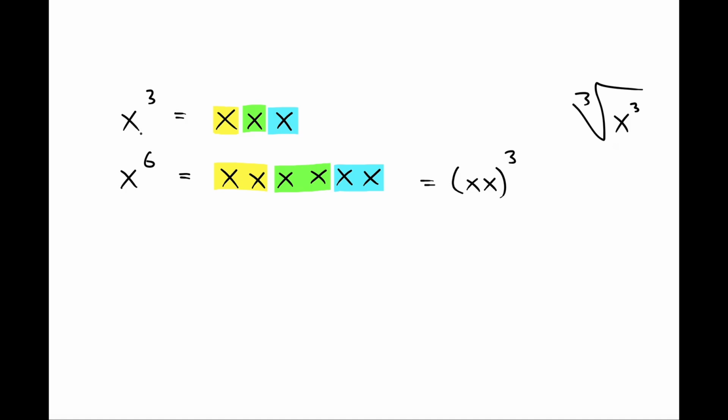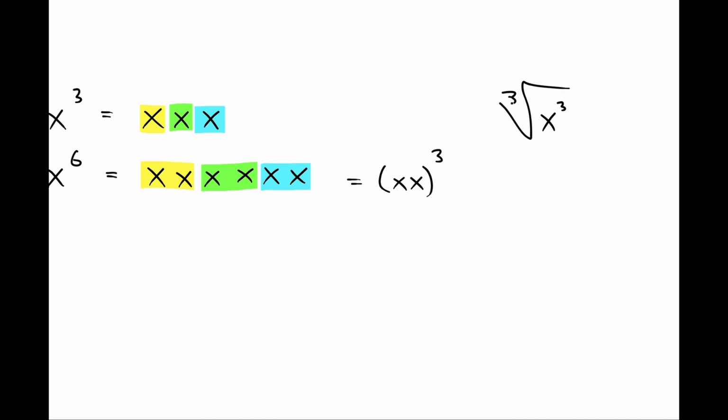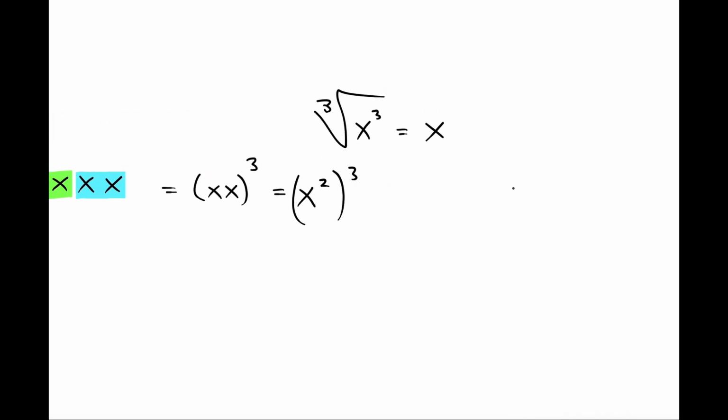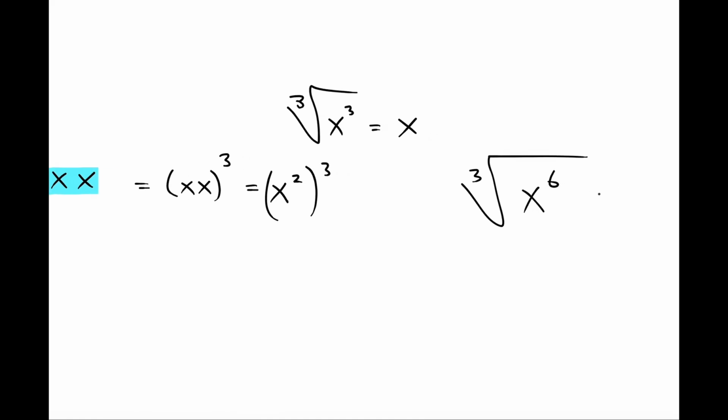Well, since x to the 3rd is made up of x times x times x, it follows that the cube root of x to the 3rd is x. Since x to the 6th is made up of x squared to the 3rd, it follows that the cube root of x to the 6th will be x squared.